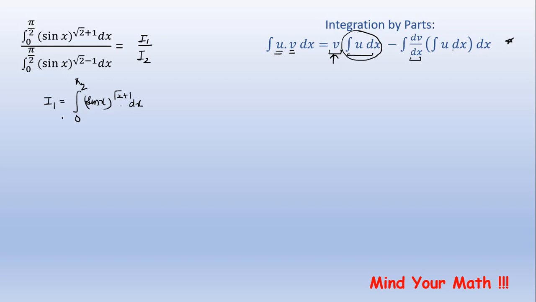I1. Now if I start manipulating this, the first thing you can see is that this is the integral from 0 to pi by 2 of sin x raised to root 2 into sin x dx. Now to integrate this, if I consider this as one function and this as another function, so here we are saying one function is u, the other function is v. What we will do is differentiate this and integrate this, because we know the integral of sin x, right?